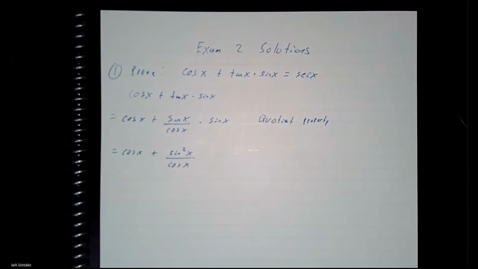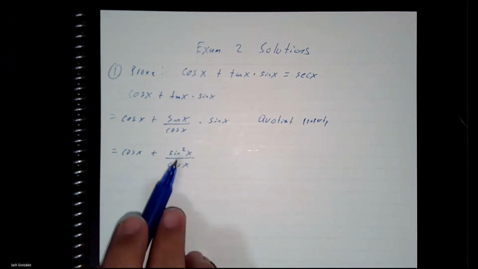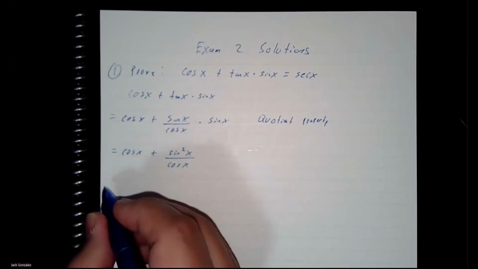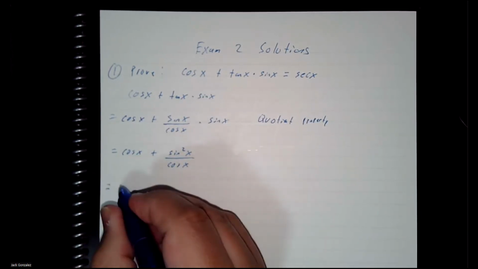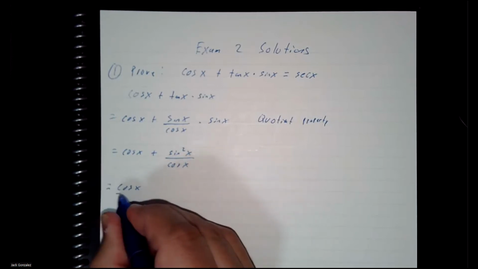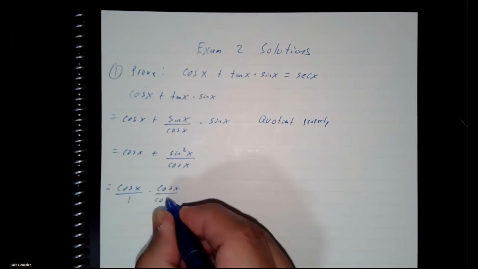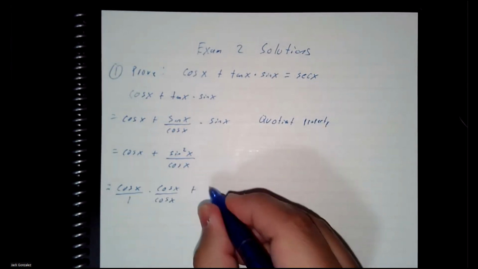At this point, you just want to add the fractions. This is a fraction, this is not. So change this into something over cosine. We need the LCD of cosine on the bottom, so you're going to multiply the top and bottom by cosine. And then you can add this piece.